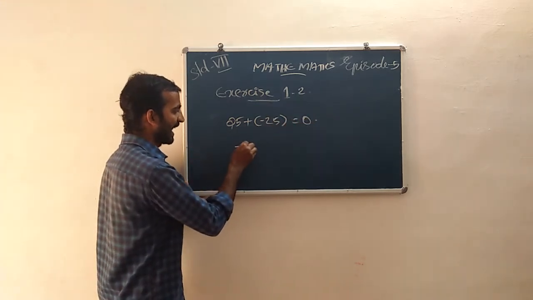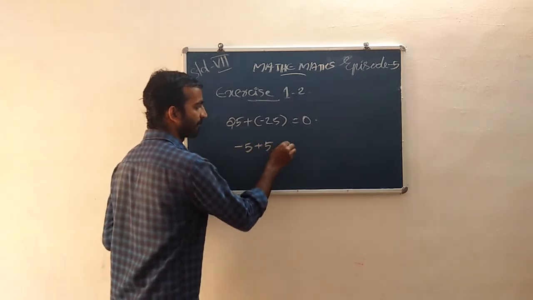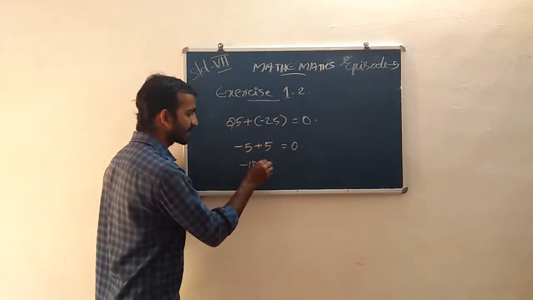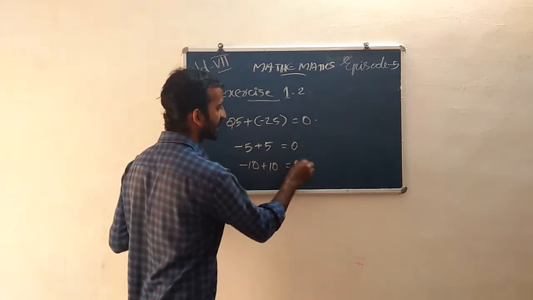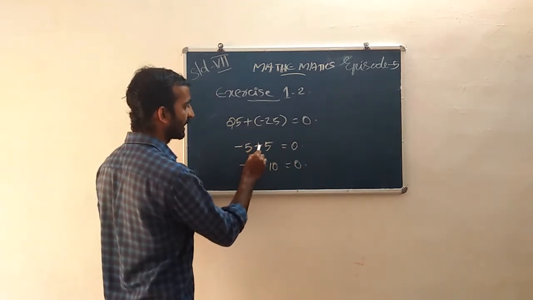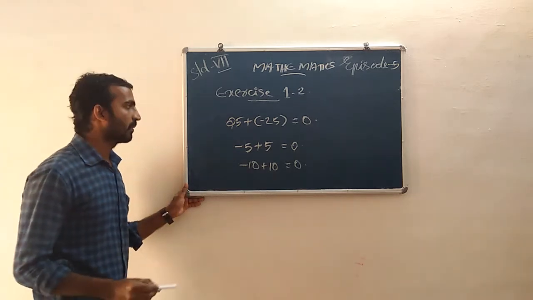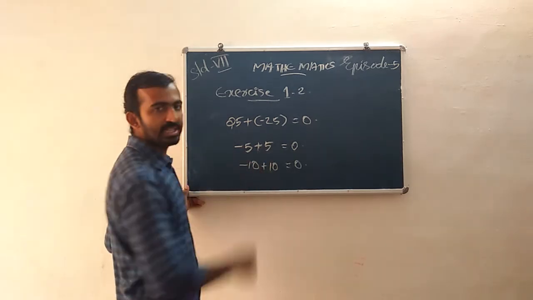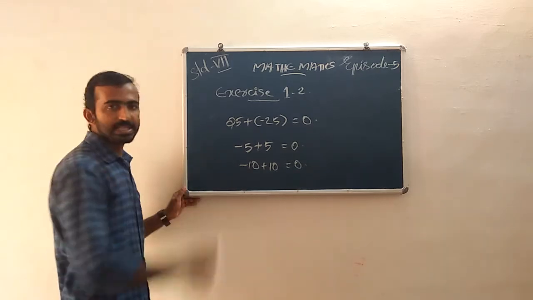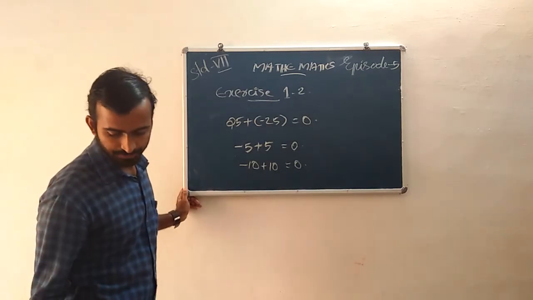And negative 5 plus 5, we get answer 0. Negative 10 plus 10, we get answer 0. Here sum is 0, so we are adding. When we say difference, then we take the subtraction. Okay, this is the answer for the first question.